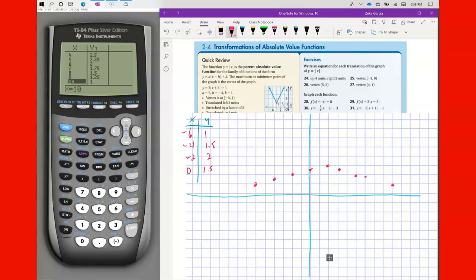So that's where 6, 2 is. So I'm going to go ahead and connect the points. And there's our graph.